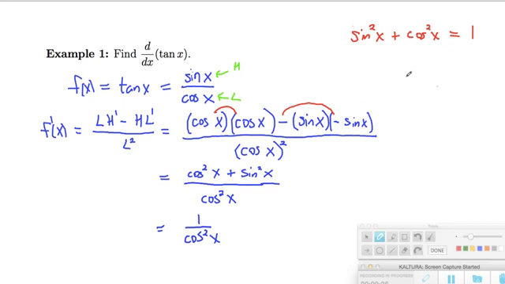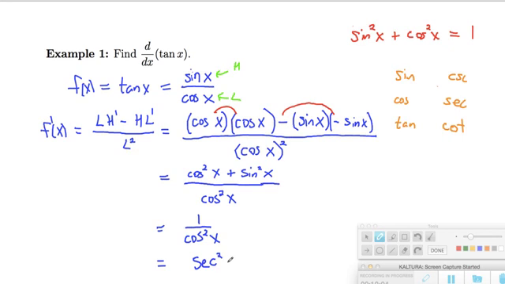Lastly, remember you've got the reciprocal identities. There's sine, cosine, tangent. Now remember that 1 over sine is the cosecant, 1 over cosine is secant, and 1 over tangent is cotangent. So since this is 1 over cosine, it's the same thing as secant, and since it's squared, it's going to be secant squared.